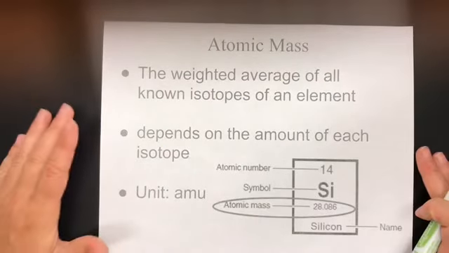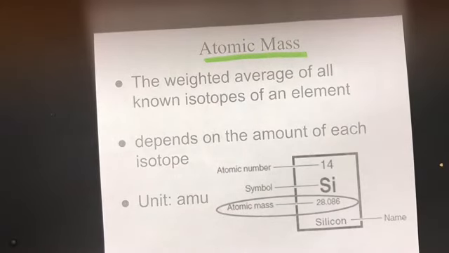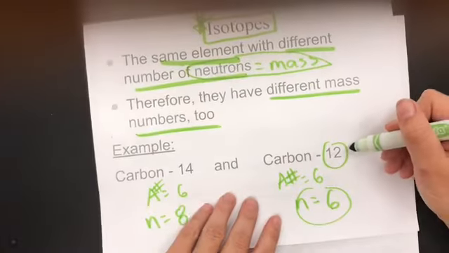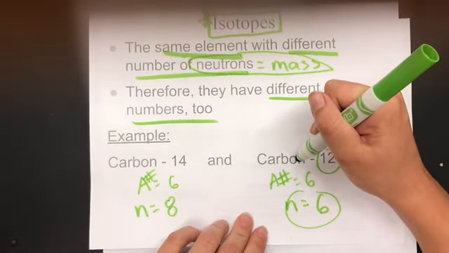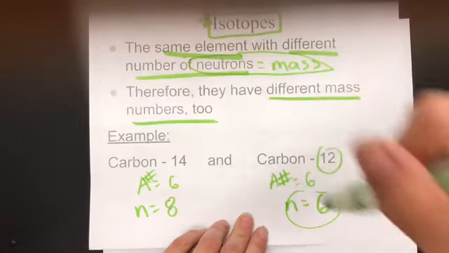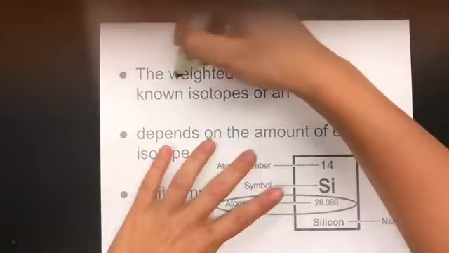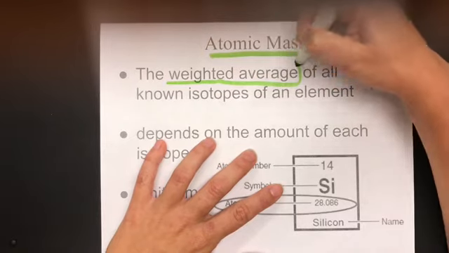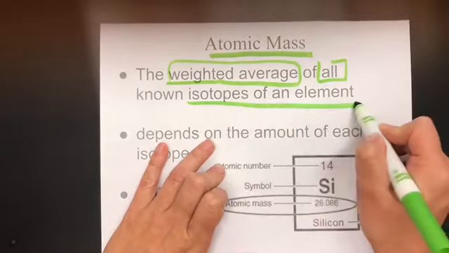One more vocabulary word here, atomic mass, not mass number, atomic mass. Now, here's the thing. This mass number is specific to this isotope. Okay? This carbon has a mass of 12, this one has 14. It is specific to that element that it's there. Now, atomic mass is the weighted average of all isotopes of the element.